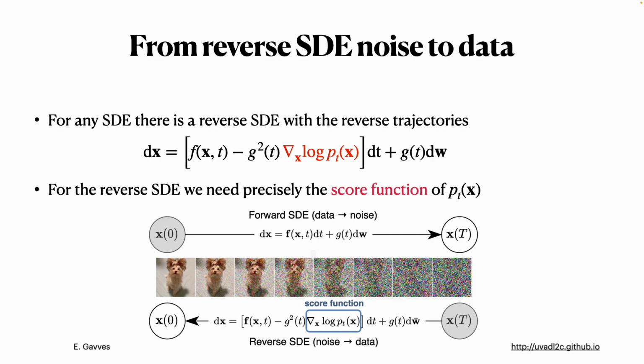This is the way we define what our sample should look like in the next step. We add noise and perhaps a function of our current data. That's it. There is no learning here. And in the reverse, we just need to make sure to optimize this equation. So we want to optimize an equation that contains a score function, and by doing that, we can arrive at good models.